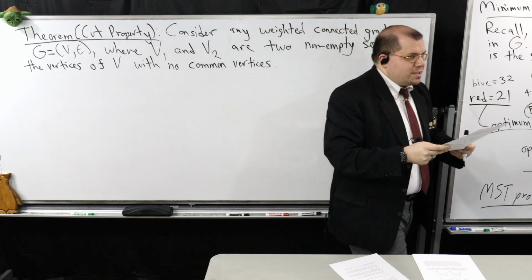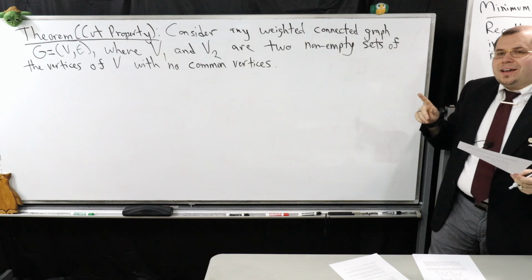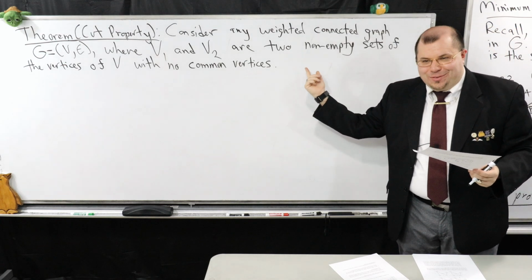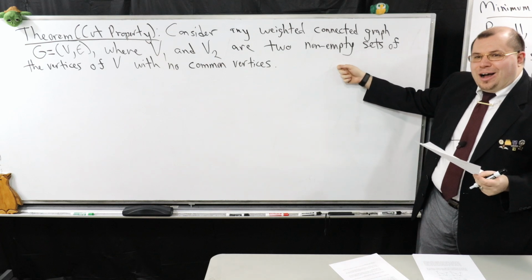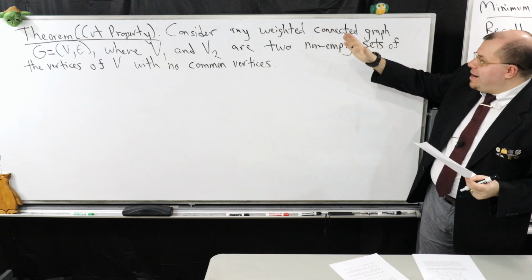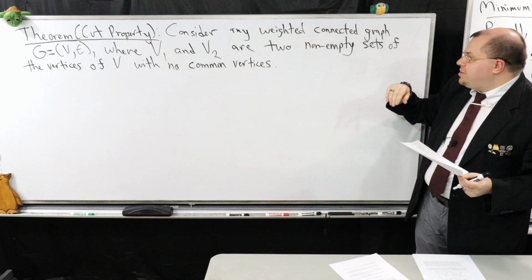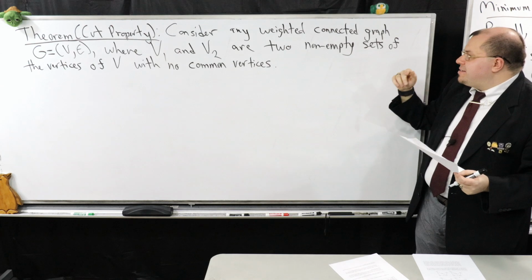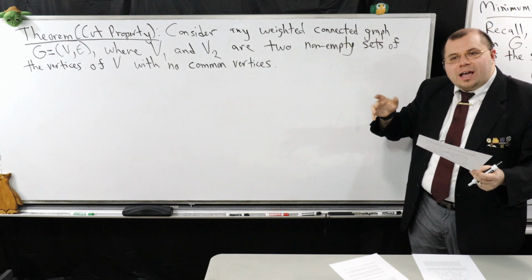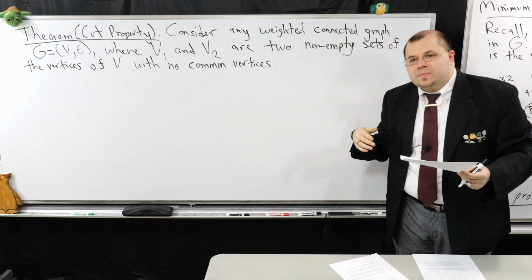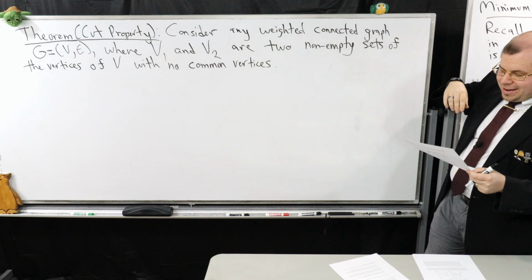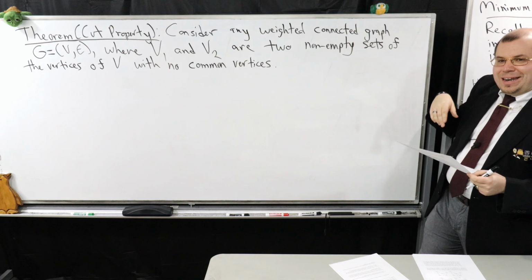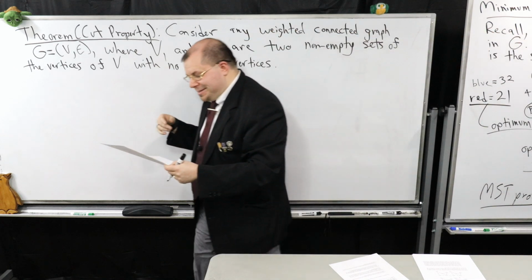Just to parse this out first. For those that have gone through, say, 310, you might have a special name for what I've described on the board. I have these two sets of vertices called V1 and V2. They're both non-empty sets of vertices, but they're not going to have any vertices in common. For those that have taken a course like 310, you might know what this is called; we have a name for it from a set theoretic standpoint.